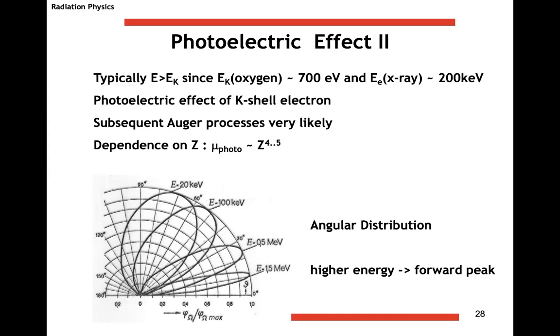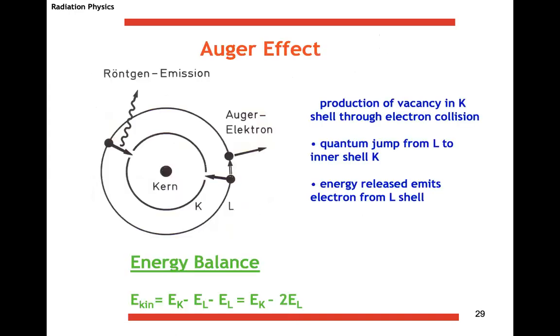This is very strong. It goes with the 4th or 5th power of the atomic number of the target, and that's clear because the photoelectric effect becomes much more likely when you have heavy elements, because you have many electrons, many shells, so it becomes much more likely to have this kind of effect.